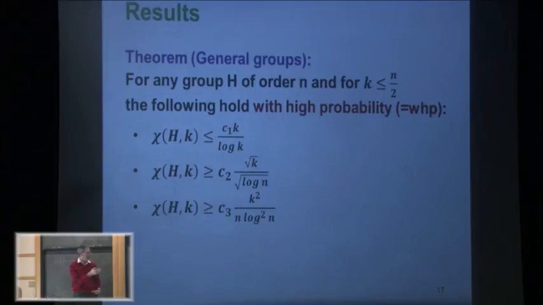In particular, you see that if k is n over 2, like the random graph G(n,1/2), when we choose half of the elements, then the lower bound of the chromatic number is n over log squared n, and the upper bound is n over log n. So at least for the dense case, the upper and lower bounds are pretty close. But in the middle, there is a very big gap, and in fact, the middle seems to be the most interesting case.